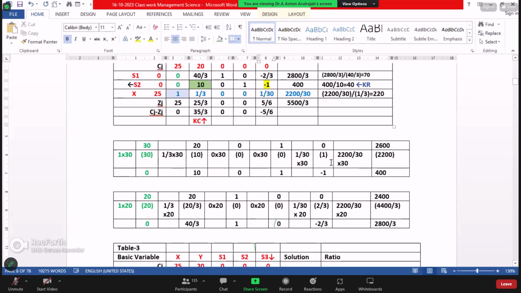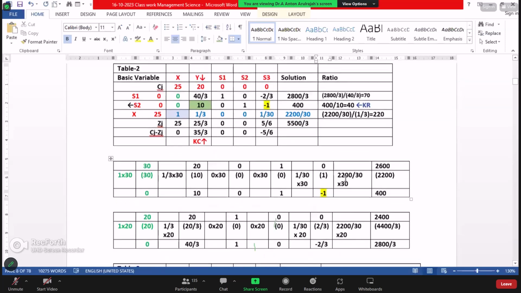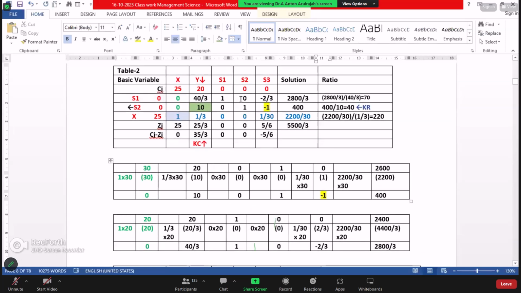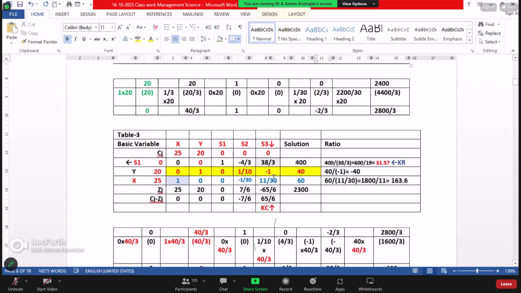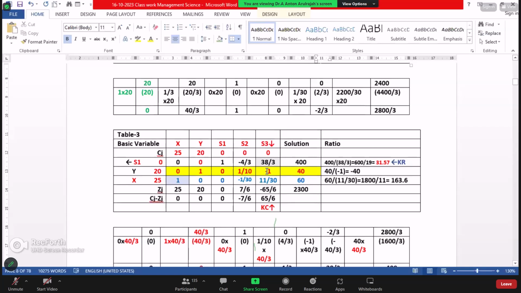Here also the corrections I made. Yes, the table number 3. Table number 3 should be minus 1 divided by 10. Should be minus 1 divided by 10.